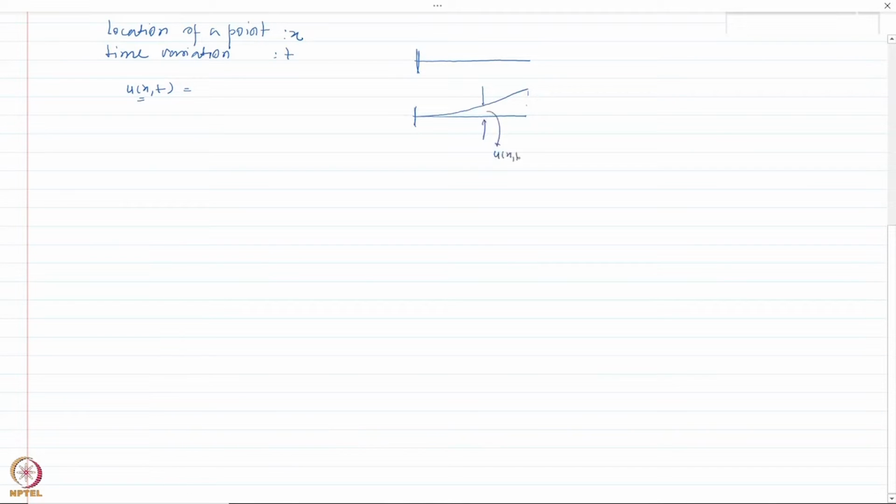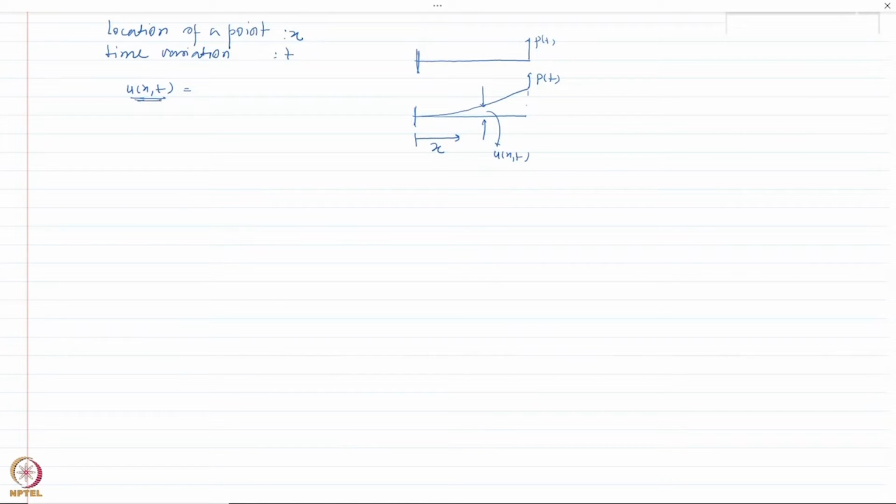This is our u of x, this quantity here, where x is the distance from the fixed end, or any reference coordinate system that you have assumed for that cantilever beam. So this is what I need to find out, subject to, let us say, a force P(t) here. So the first objective of this chapter is to find this u of x and t, subject to this excitation.